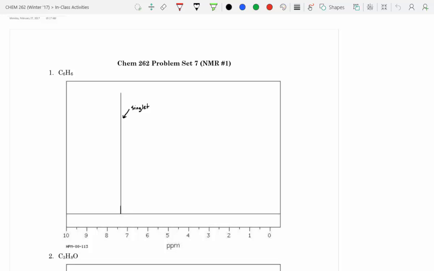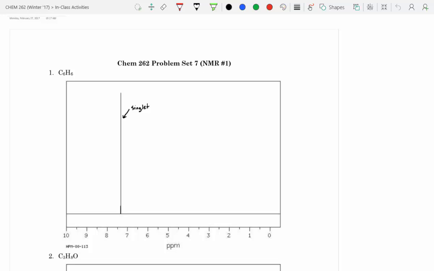So for example, in this first NMR spectrum, it's C6H6, which has an HDI of 4. Pretty high HDI. So that means we've got some sort of combination of rings and pi bonds that adds up to 4. And then what do you notice about this peak showing up between 7 and 8 ppm? It's in the aromatic region.